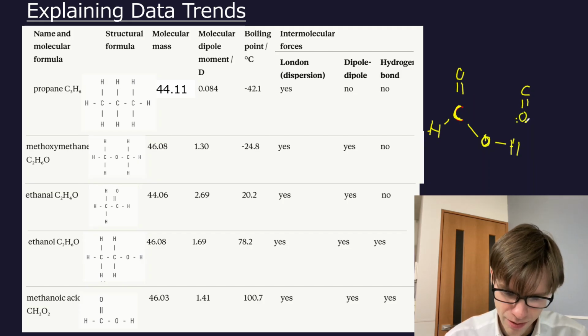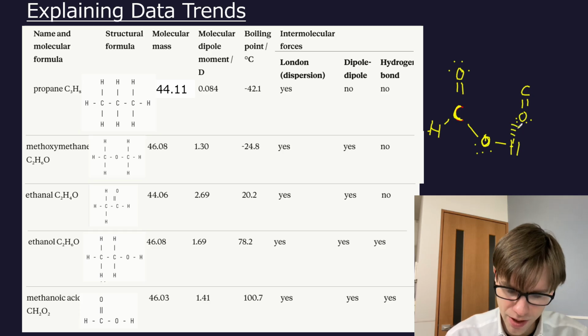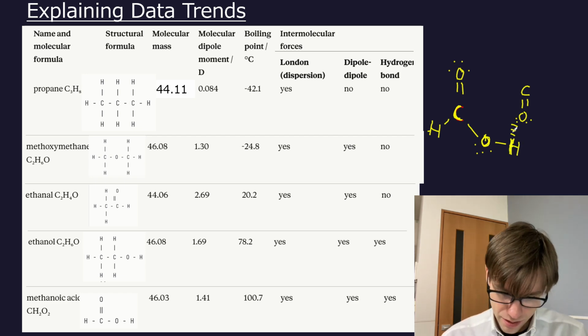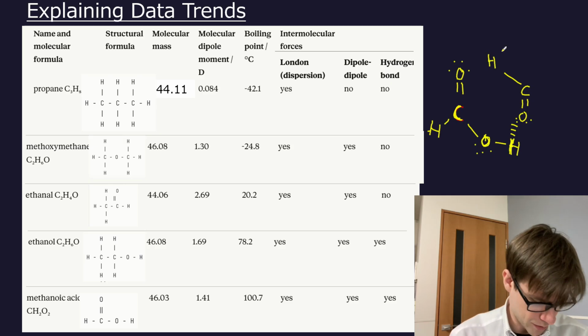Now there's a lone pair. Let me draw all the lone pairs on these. Might help us out. So we're going to have the hydrogen bond here between a lone pair and a positively polarized hydrogen. And that's going to leave us with another hydrogen here. Sorry, I want to make that one an OH.